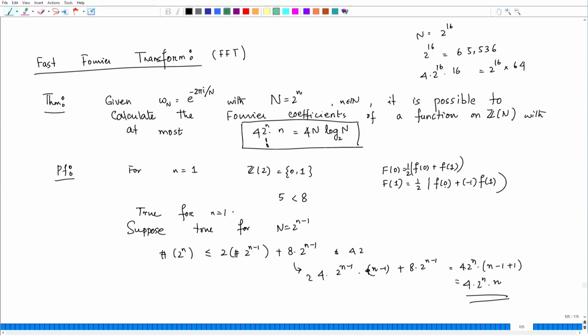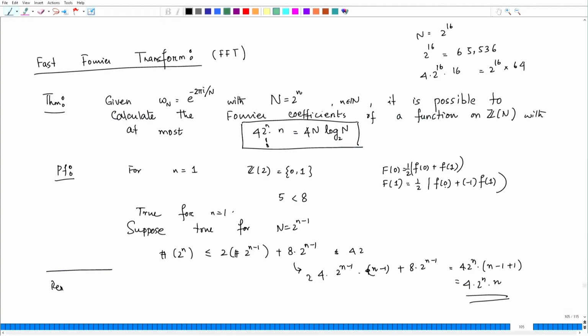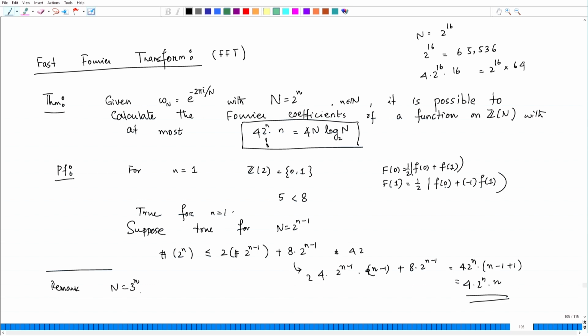So, by induction we can reduce the computation drastically if our N is of the form 2 to the power n. Actually, this kind of thing one can do in general. Remark: if my N is 3 to the power n, then I will look at all the cosets like 3k, 3k plus 1, 3k plus 2 and play the same game. In that case what I get is 6 N log N to the base 3.